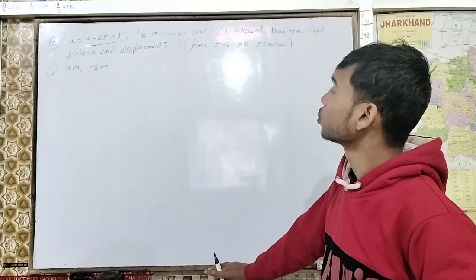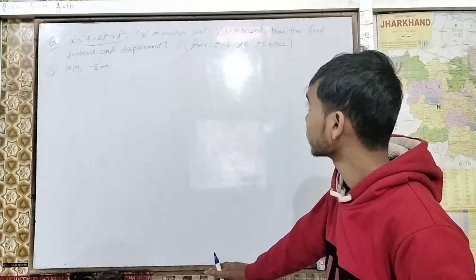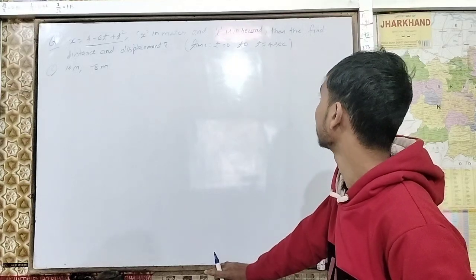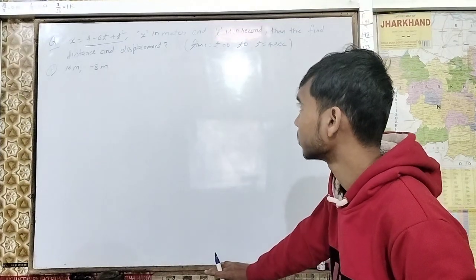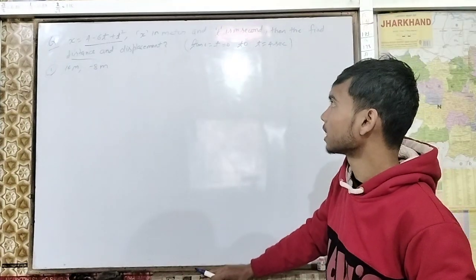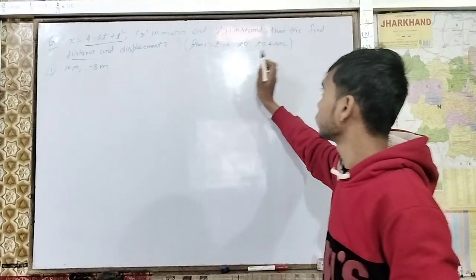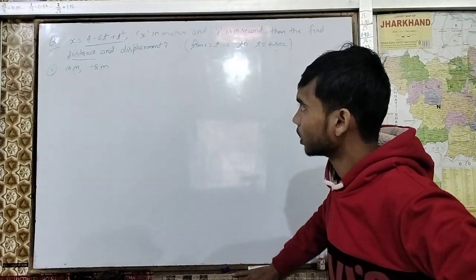We consider x in meters and t in seconds. Then we find the distance and displacement. We will have to calculate two things, distance and displacement. Time is from 0 to 4 seconds.